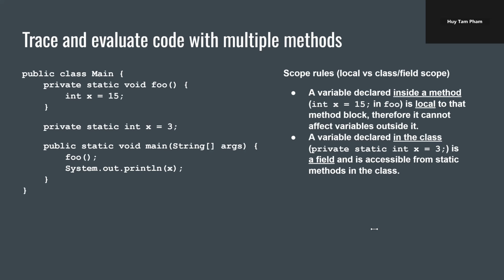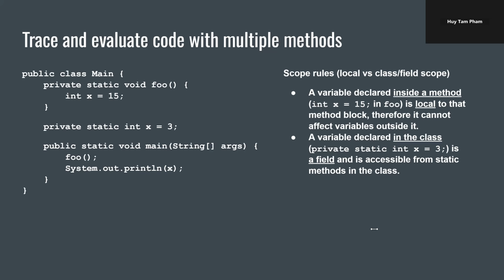Before answering that question, I have some important notes for you to think of. A variable declared inside a method, for example x = 15 in foo, is local to that method block.